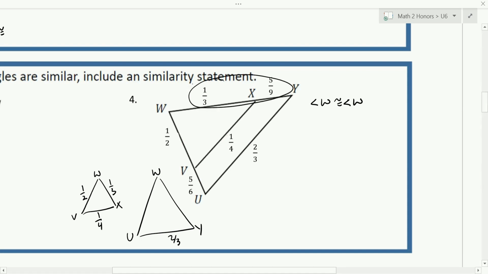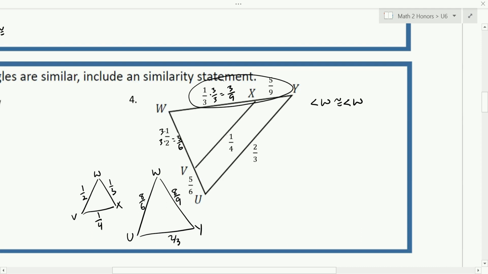Yeah, you're going to have to add them, huh? So 1/3 plus 5/9. So 1/3, if you want, you can multiply top and bottom by 3 to get a common denominator. So that's going to be 3/9. So 3/9 plus 5/9 is 8/9. Okay. And if you look at WU, again, you need a common denominator, which is 6. So multiply top and bottom by 3, and you get 3/6 plus 5/6, which is 8/6. Okay.